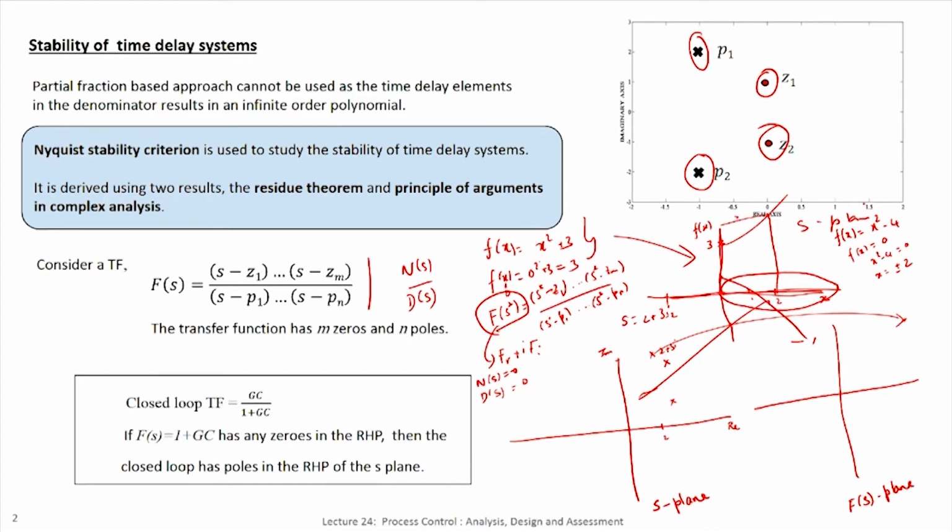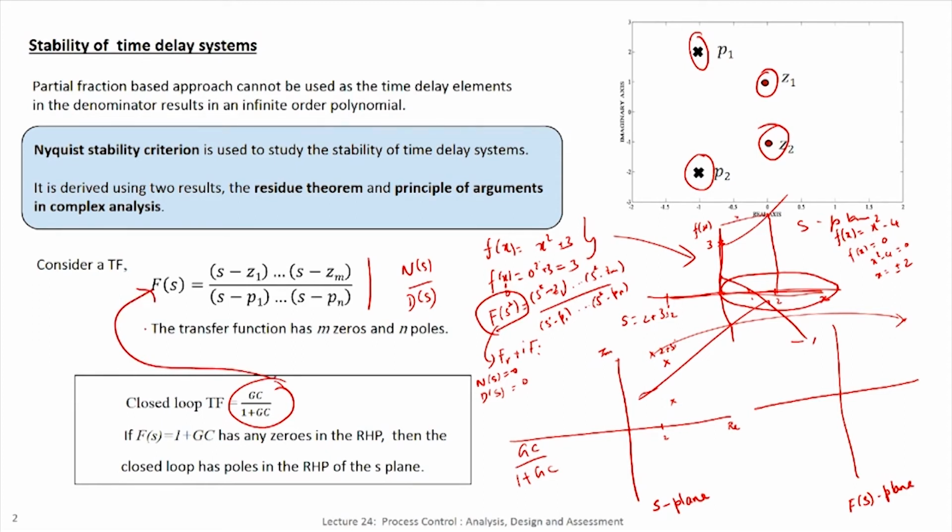So, why are we doing all of this? Just to give you a context for doing all of this. Basically, what we want to do is find out the stability of G C by 1 plus G C, which is this. Though it is not in the polynomial form because I have this e power minus tau d s term in the denominator, I am still going to look for how to understand the stability of this, and in some sense I am going to use this for f of s and start thinking about the stability.